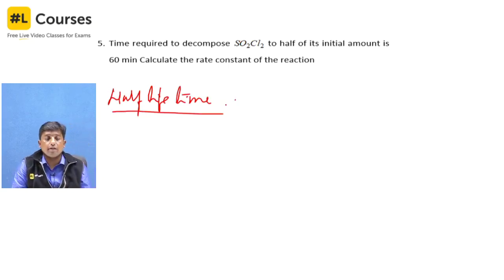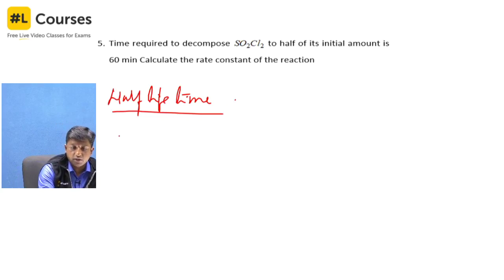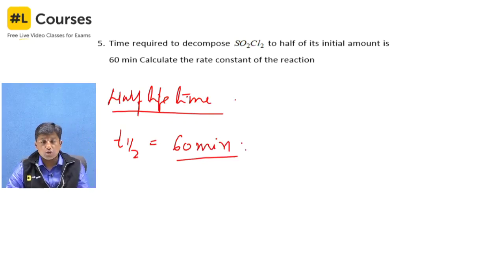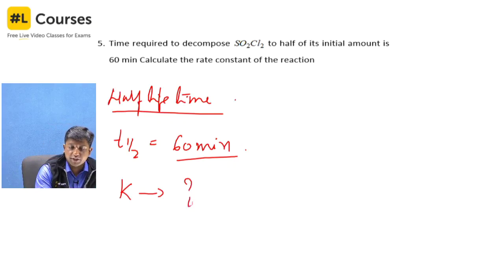Here they have given the half-life time for the decomposition of thionyl chloride. So, t1/2 they have given, which is equal to 60 minutes. Then they have asked us to calculate the rate constant of the reaction. So, K value we need to calculate.